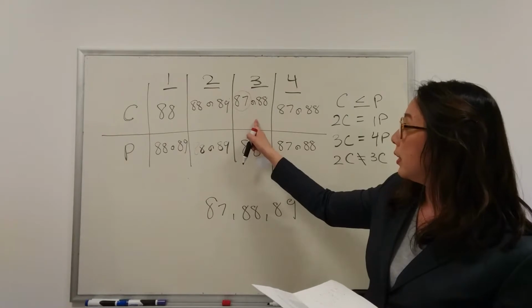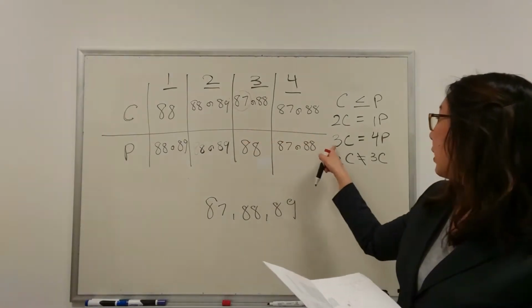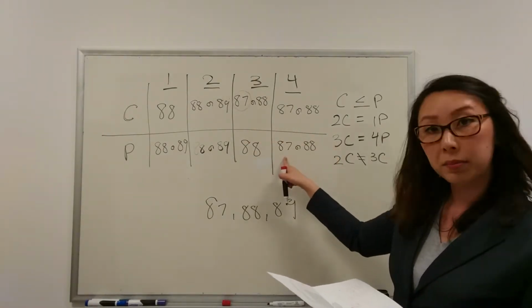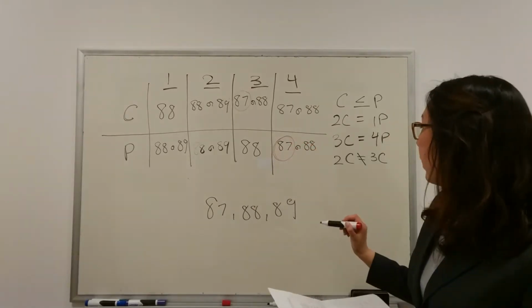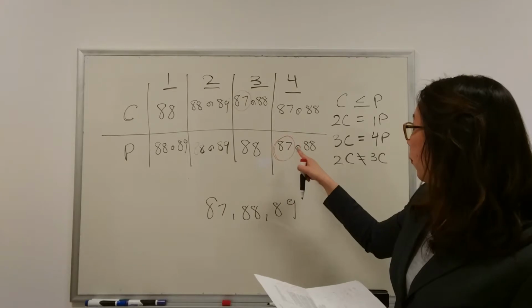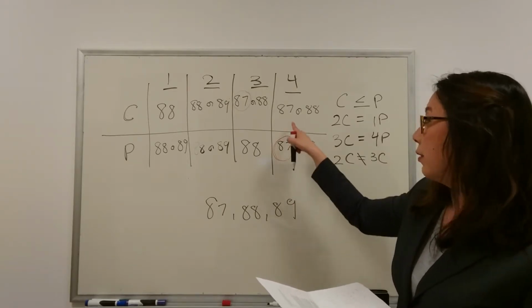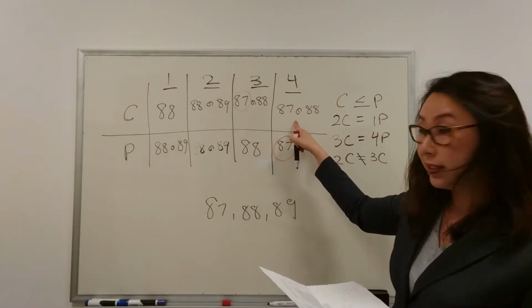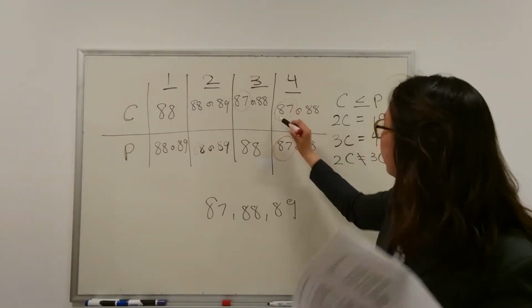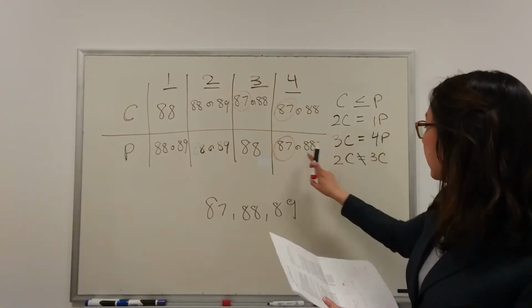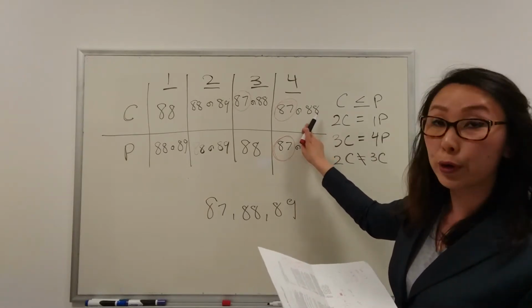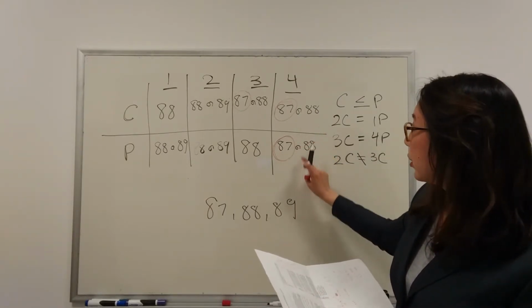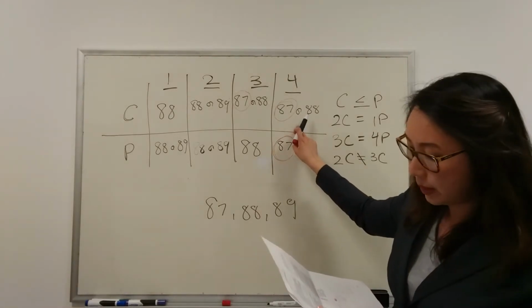If 3C was 87, that means that 4P must also be 87. And once again, if 4P is 87, then 4C must also be 87, since the computer has to be purchased in the same year or an earlier year than the printer. So that must be 87.